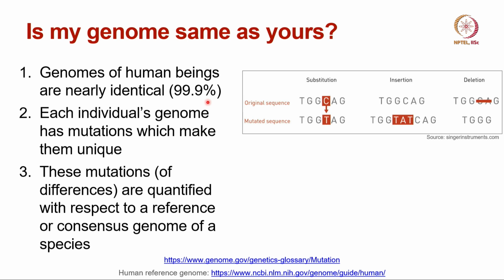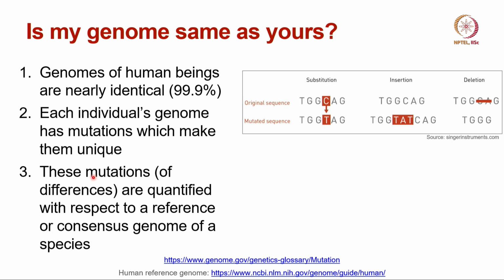So the mutations in any human being are of several types. For example, you can quantify these mutations with respect to a particular reference. So for a human genome, we have a human genome reference, which can be thought of as a consensus genome of the species.